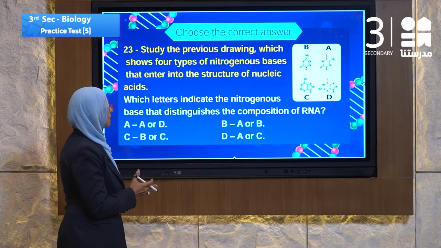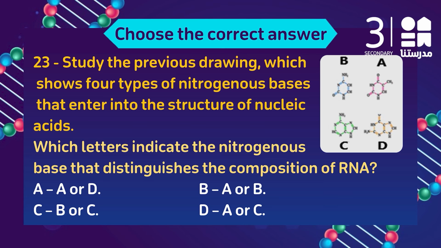Let's go to the question again. Study the previous drawing which shows four types of nitrogenous bases, purine and pyrimidine, that enter into the structure of nucleic acid. Which nucleic acid, DNA or RNA?